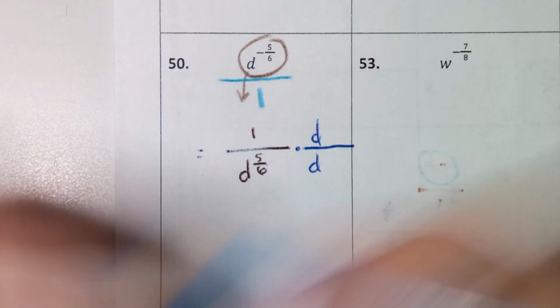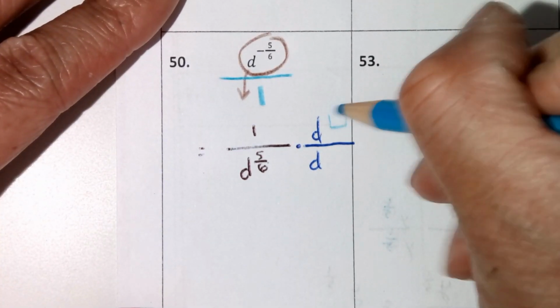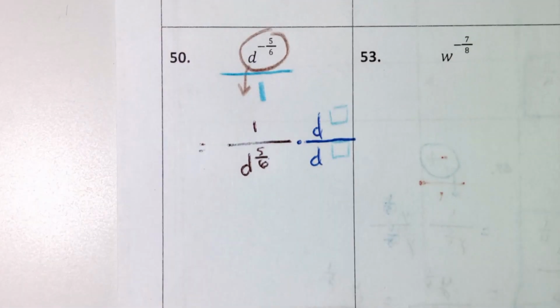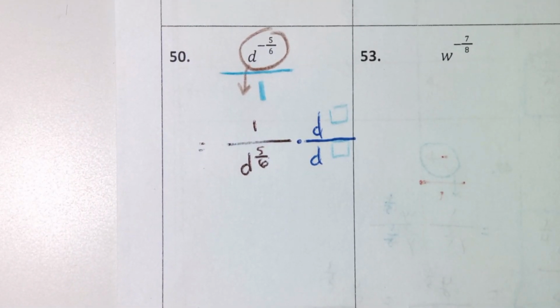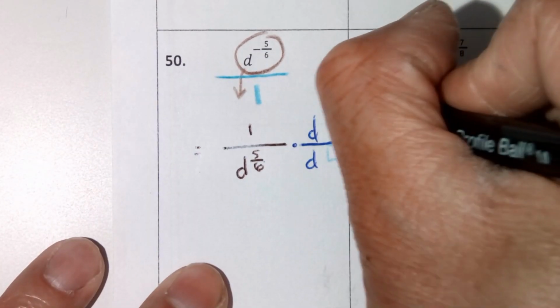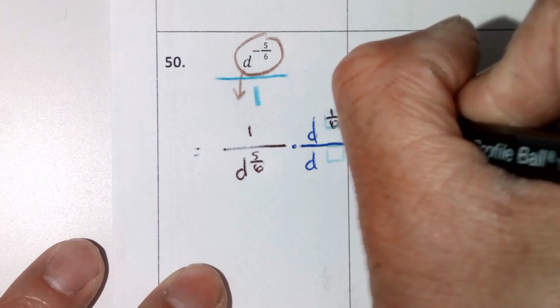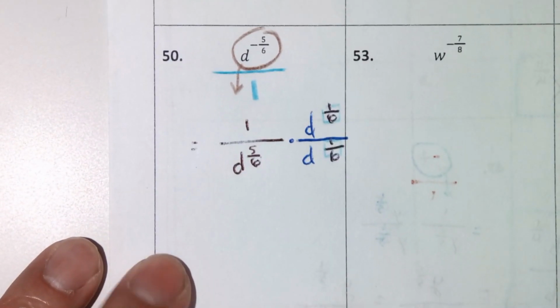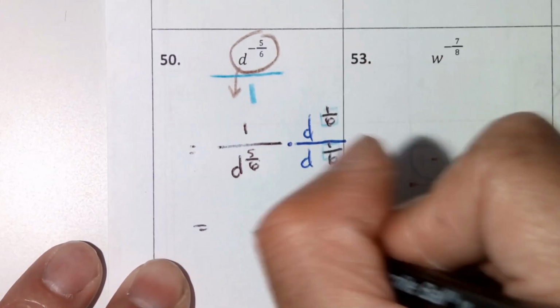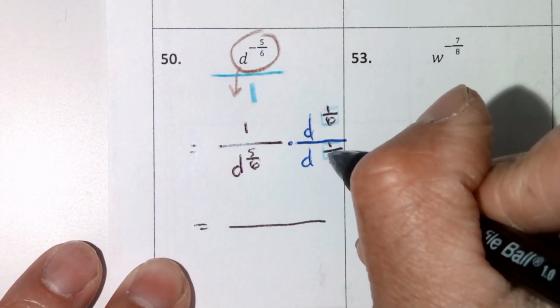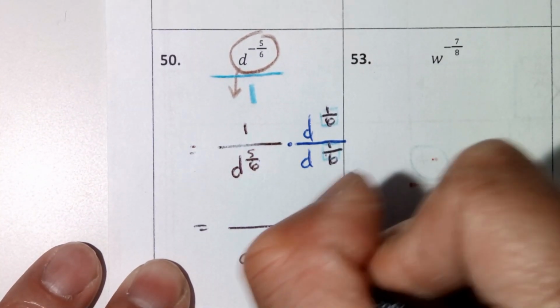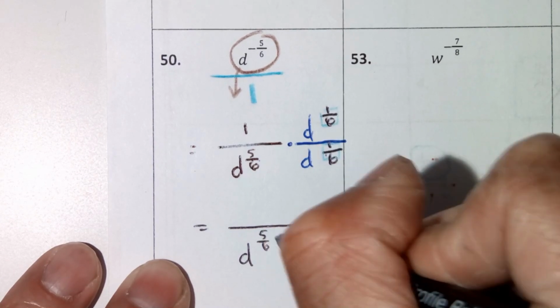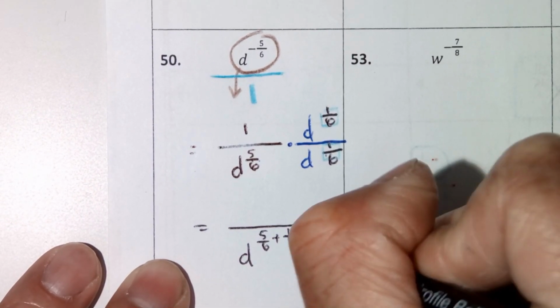Now we have to multiply it to get rid of that fractional exponent. So I'm going to have to multiply by some kind of number. And that number is d to the 1/6 over d to the 1/6. Because d 5/6 plus 1/6.